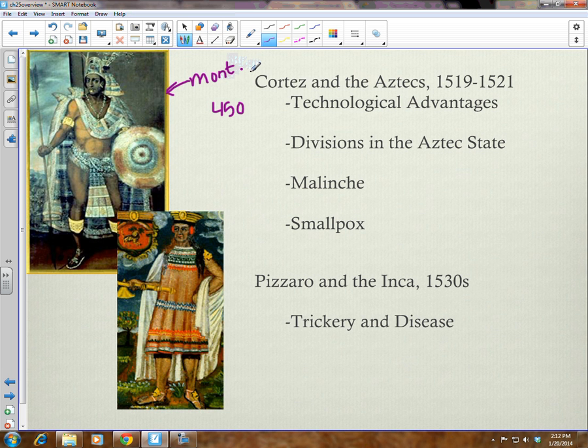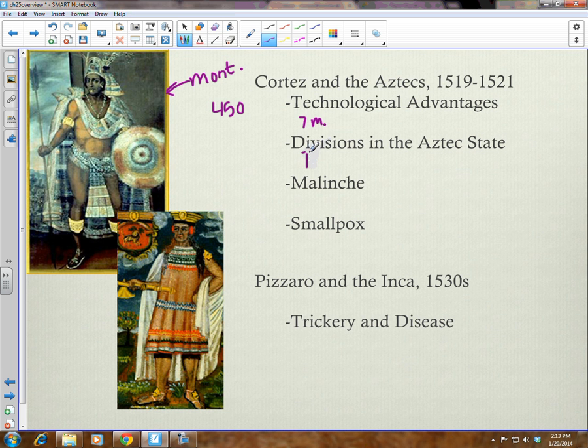Now, the reason that the Europeans were able to do this is because of both technological advances, which you'll read about in Seven Myths, the types of things that they brought with them, such as steel. But also there were many divisions in the Aztec state.